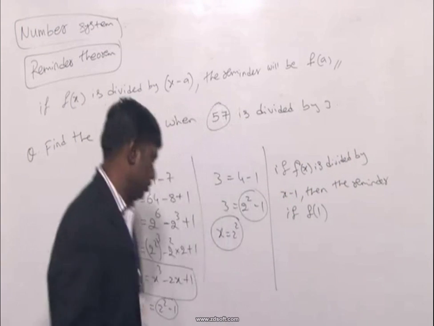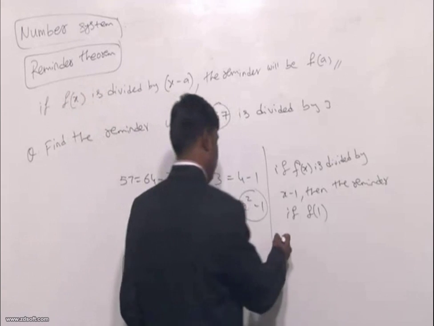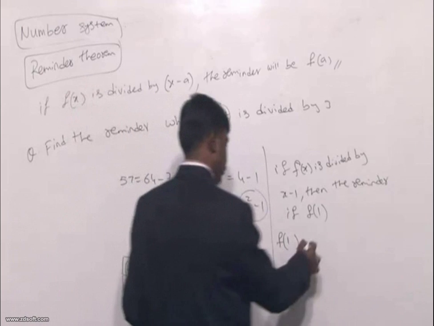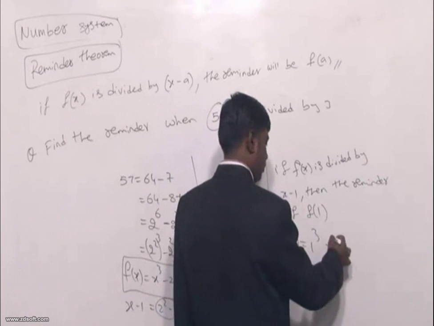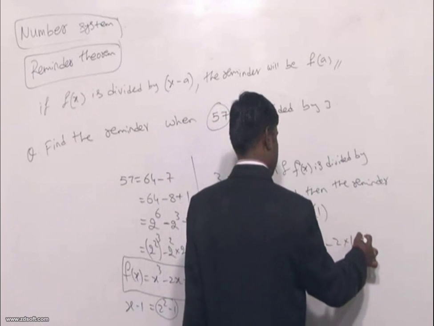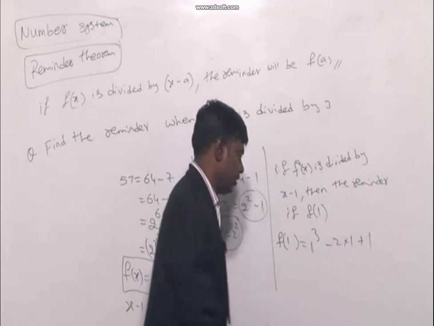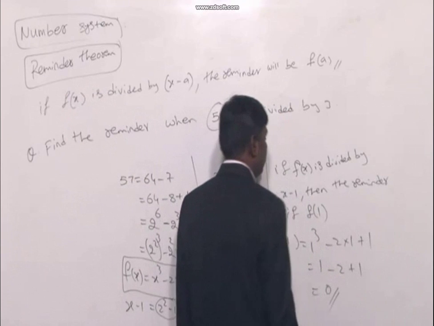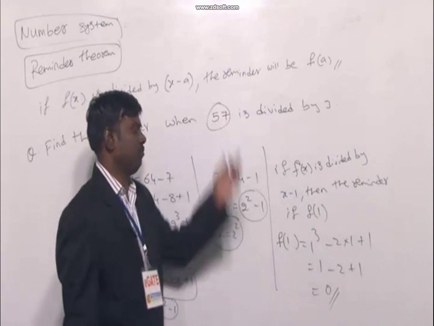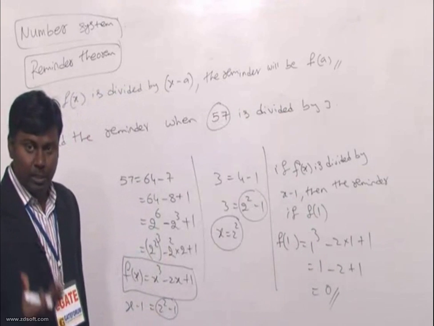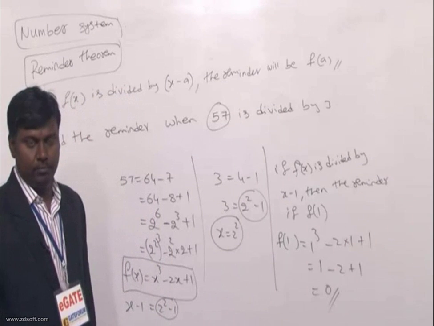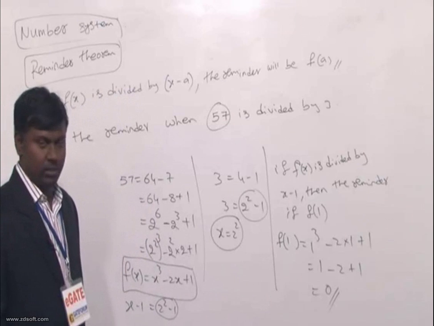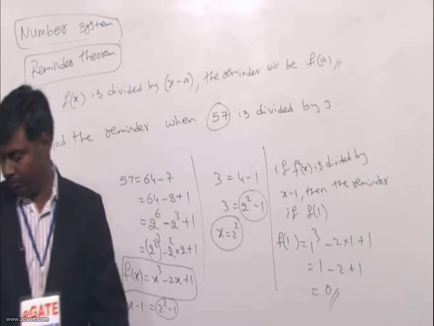So what is f of 1? 1 cube minus 2 into 1 plus 1, that is 1 minus 2 plus 1, that is 0. You already know 19 into 3 is 57. I am only trying to explain the remainder theorem. We can take much tougher problems than this. Please take it down fast.